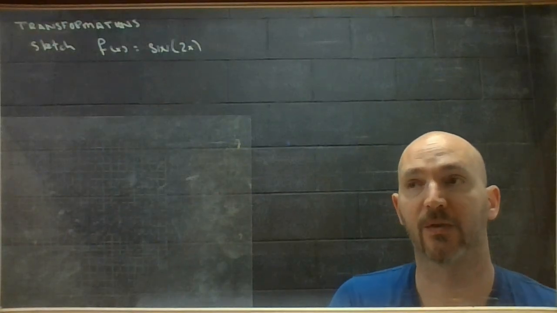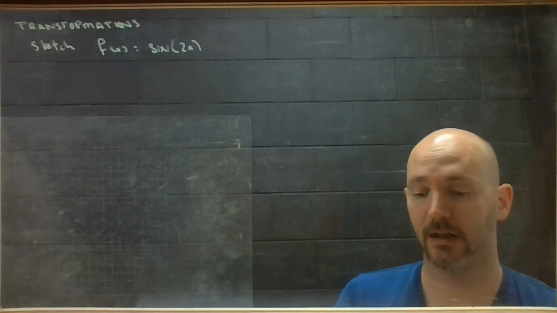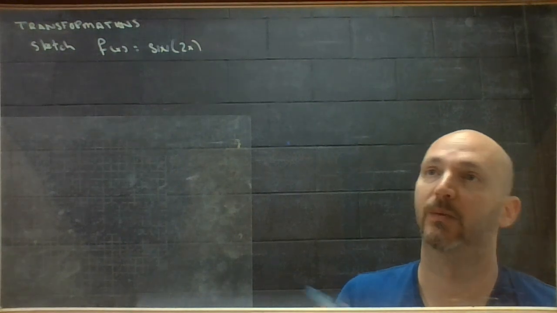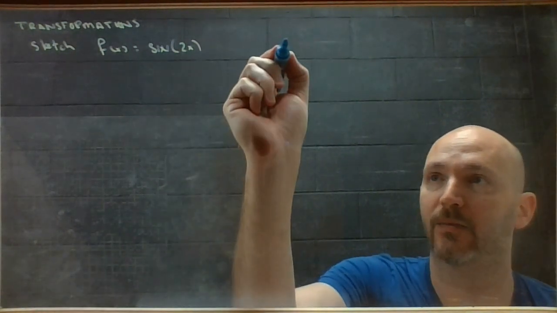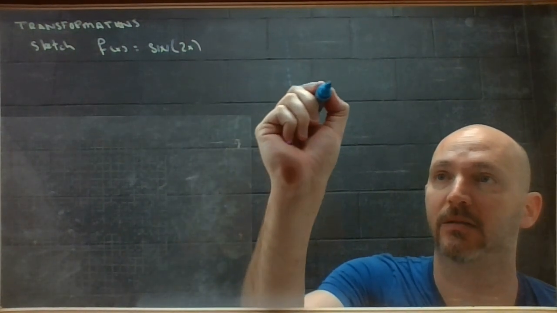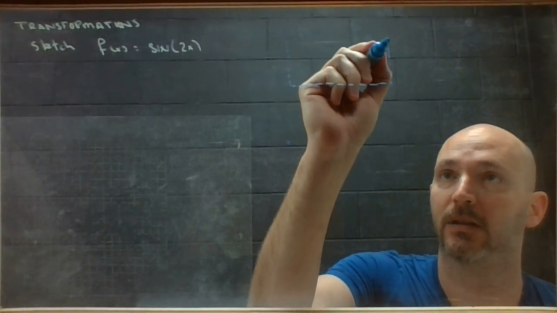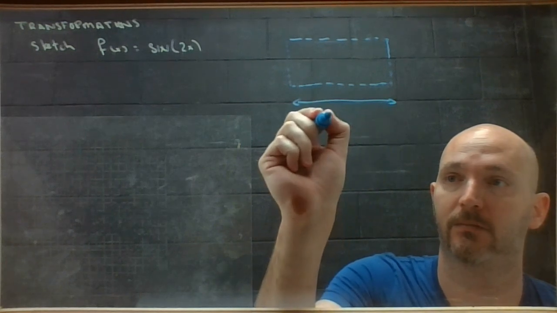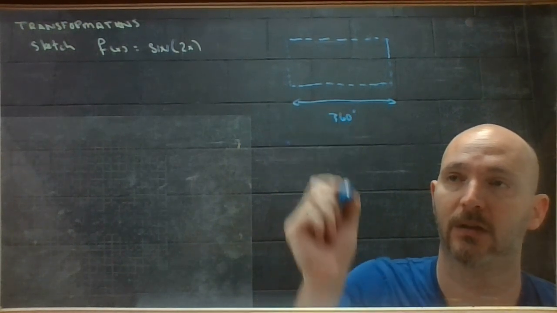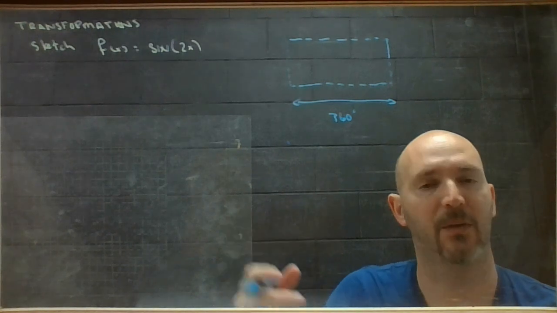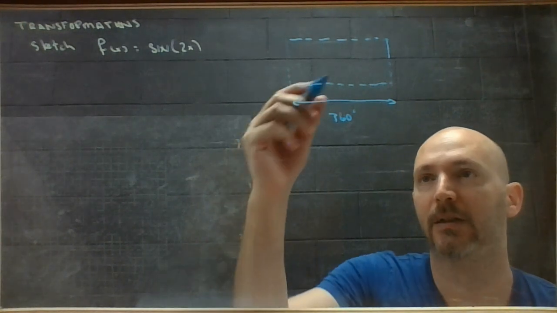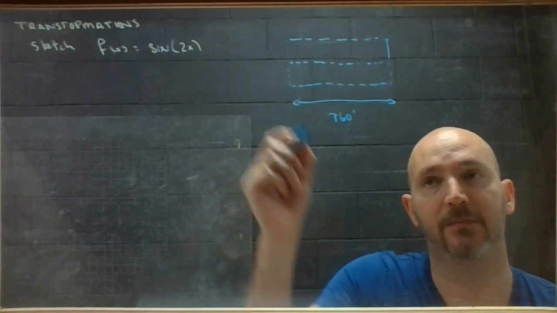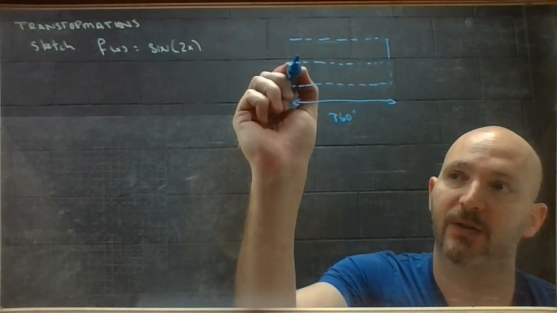To sketch a transformed sine function, we're going to have to work with the sine pattern a little bit. So a sine pattern fits inside of a box that is 360 degrees long. It's a full cycle. It's like a trip all the way around a circle. That box has a midline, and your sine function fits in it like this.